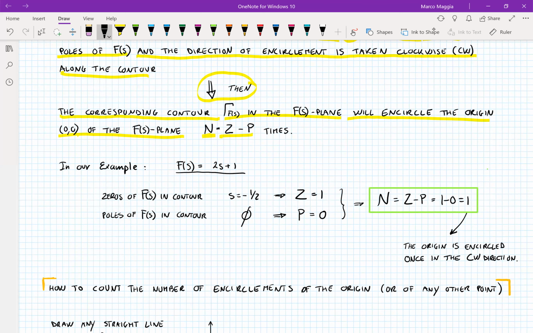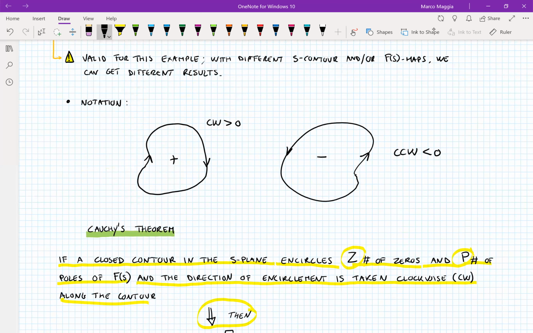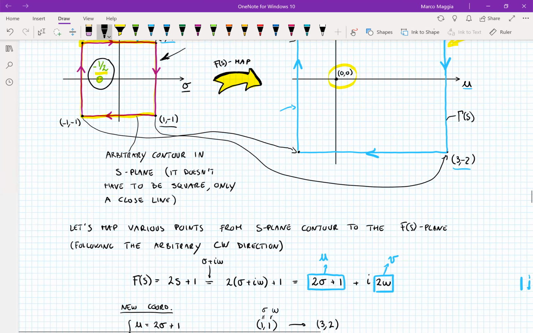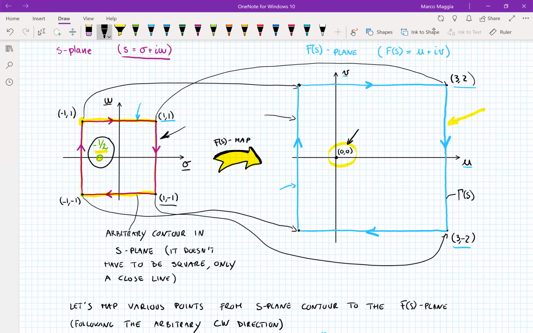In which direction? Remember the notation. Positive means clockwise. Negative means counterclockwise. Here we have +1. So it means that the origin is encircled one time clockwise. Let's go and check. Was that the truth? Yes, we have the origin that is encircled once clockwise.